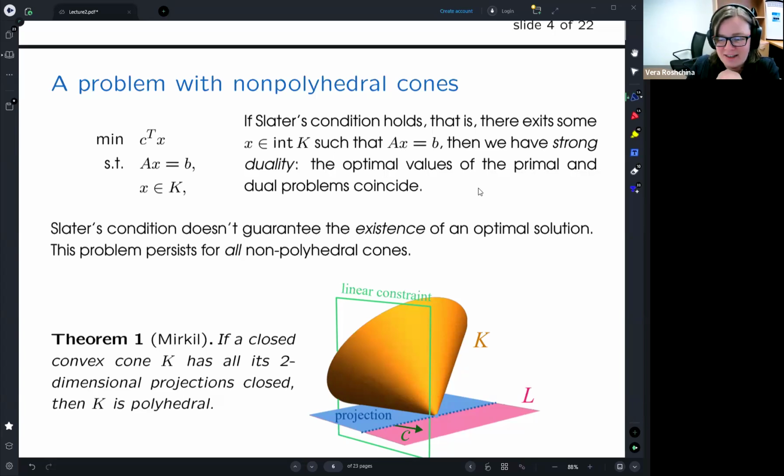And there's a very simple idea how to see that: whenever the conic programming problem is over a cone that is not polyhedral, we can always find some conic programming problem over that specific non-polyhedral cone for which we cannot obtain the optimal value of the objective function.